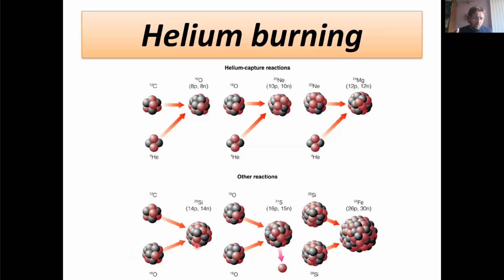But there again, the Coulomb wall becomes very high. And then, of course, 16 oxygen, there would be now in this reaction, this neutron evaporation. It creates 31 sulfur. That would be one of these. So there are plenty of reactions. In fact, this is a big, big network.